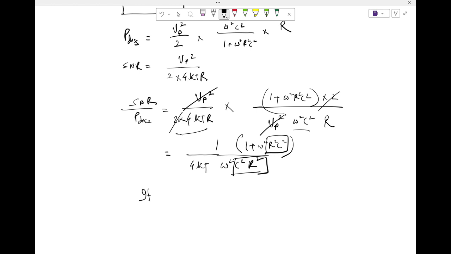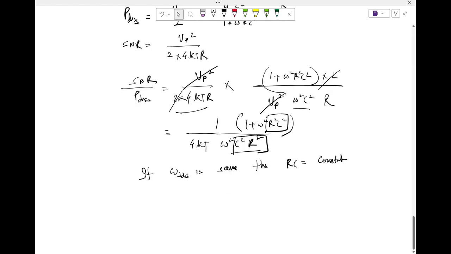So if the 3 dB bandwidth, omega 3 dB, is the same, then RC is constant, correct? Which essentially means that your SNR by power dissipation is constant.